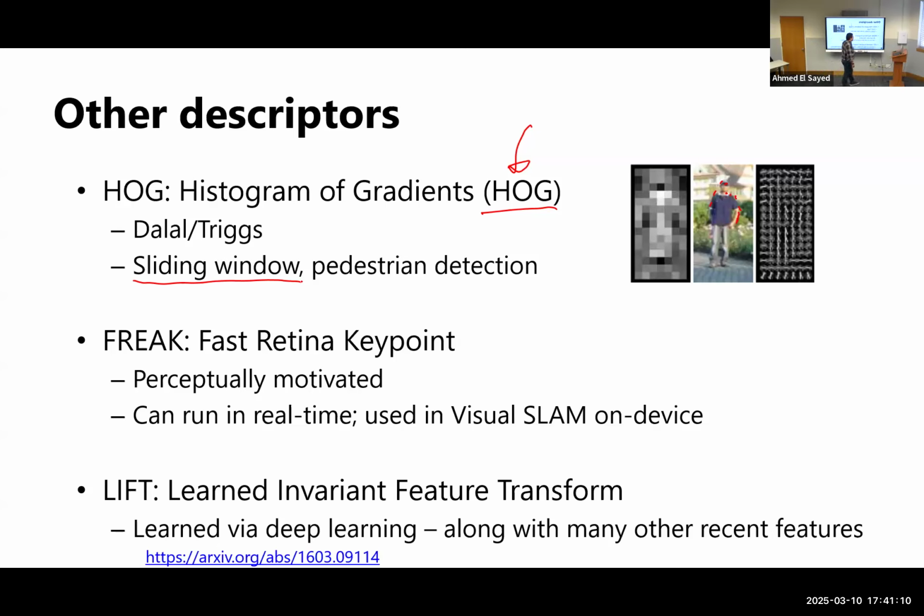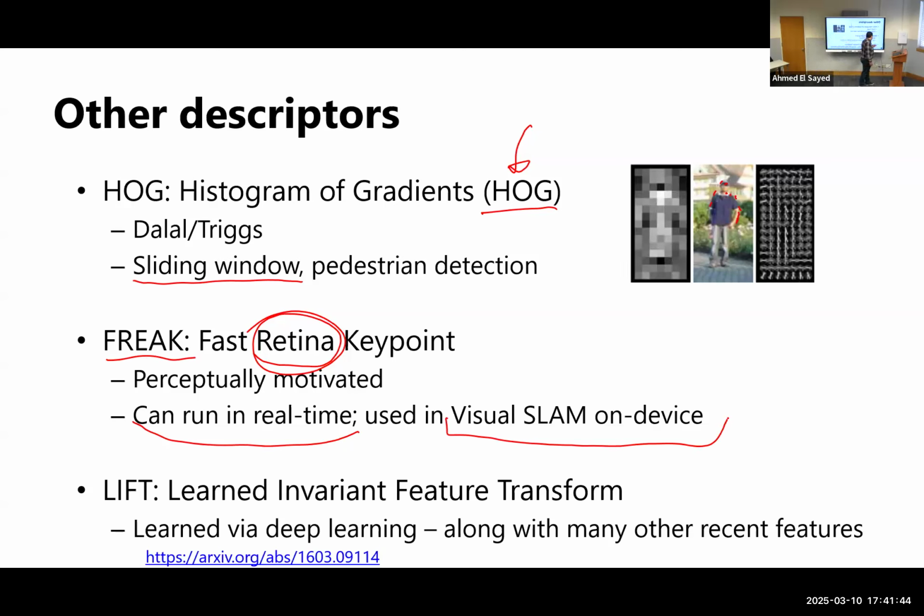Another technique found is called FREAK, which stands for Fast Retina Keypoint. This one is motivated by how the human eye works. They claim that it can run in real time, and based on that, it is used in many visual localization and mapping systems for autonomous navigation.